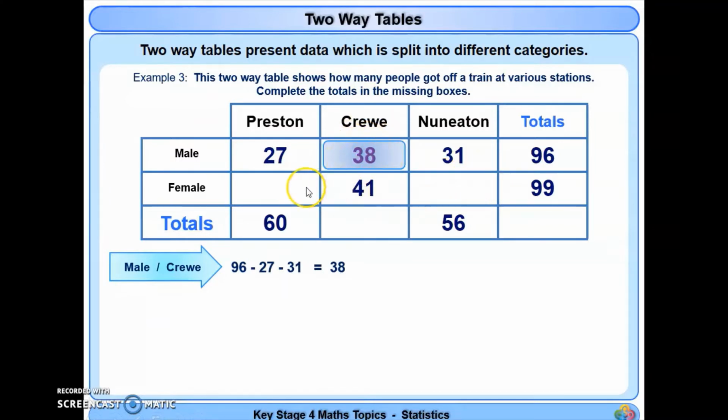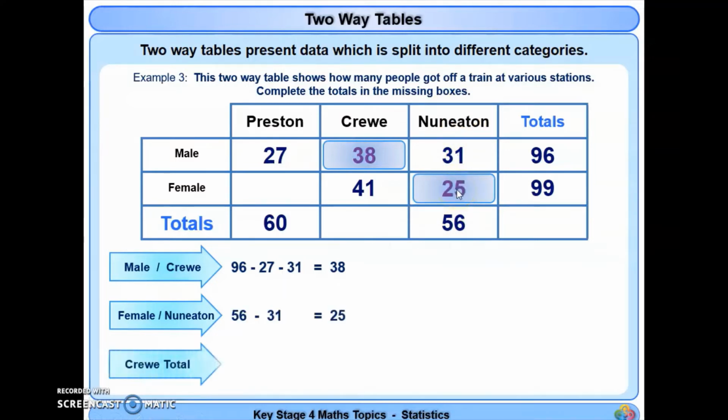Okay, now if we look around the data, we've got a few options of where to go next. You don't necessarily need to do them in the same order as me, but they do need to be completed. So we'll work out how many females got off at Nuneaton, and we can do that by looking at the Nuneaton total. 56 minus 31 is going to give me my answer here. For the Crewe total, we're going to do an addition.